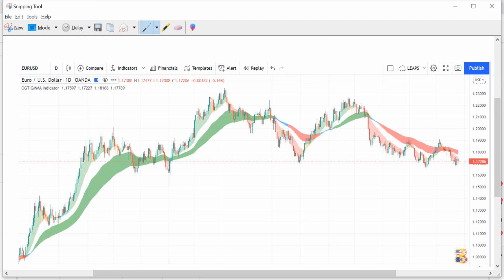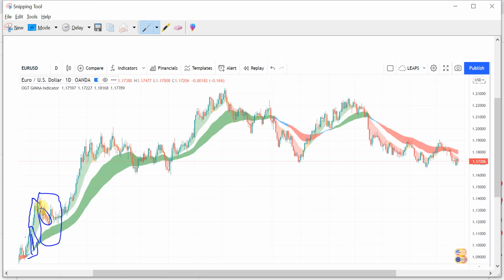Perfect. Let's go back to over here. So a good example of this would be this section over here. We can see that we had both the short-term and the long-term investors all in green.